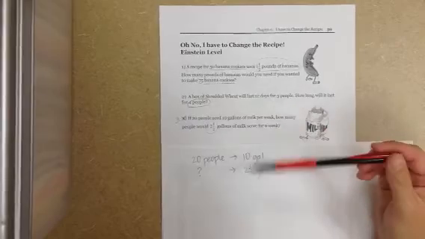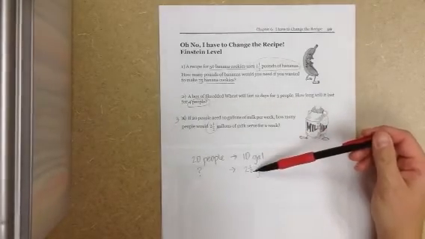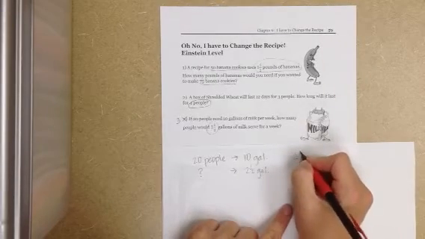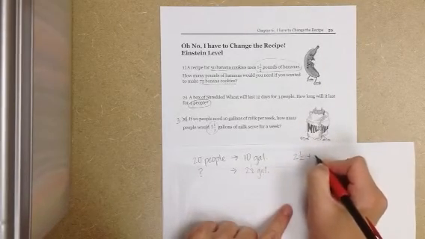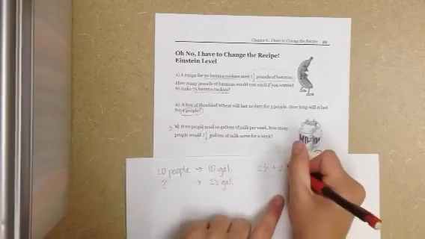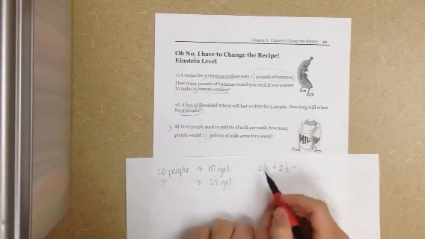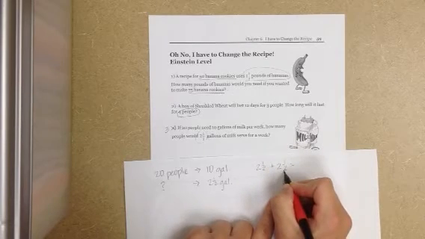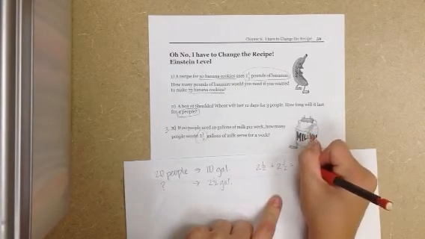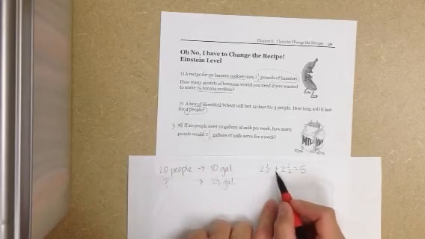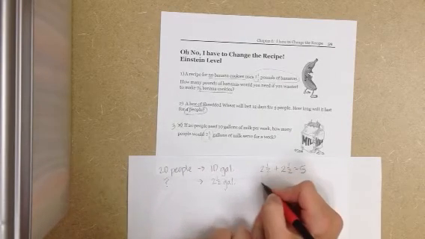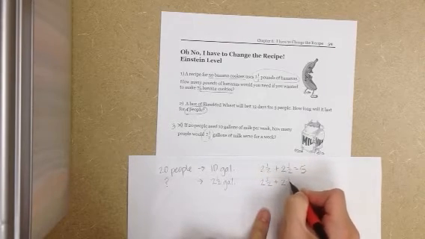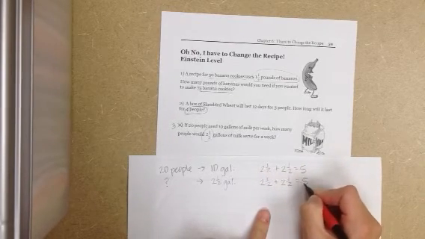So one way to do that is to think, how many 2.5s fit into 10? Well, 2.5 plus 2.5. 2 and 2 make 4. 1/2 and 1/2 make a whole. 4 plus 1 is 5. So 2.5 plus 2.5 equals 5. If I did another 2.5 plus 2.5, I'd get another 5.